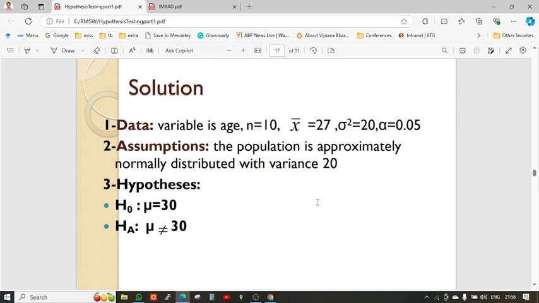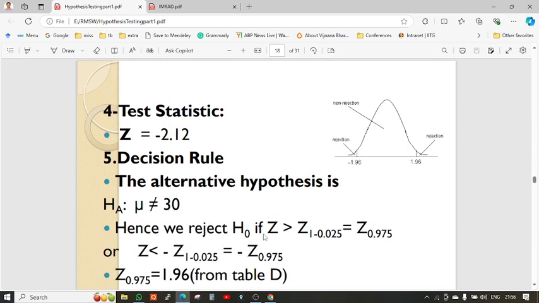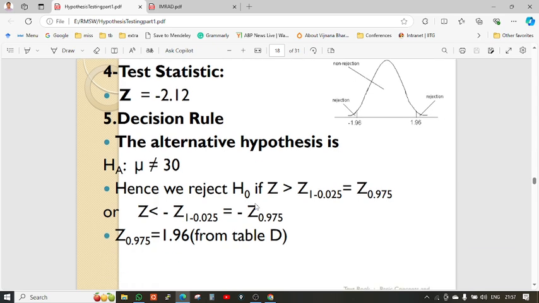So whatever may be the reason, let's see. Use your t-test or t-statistic. Draw a normal curve, and the value of z is minus 2.12. So the decision rule: the alternative hypothesis is mu not equal to 30. Hence we reject the null hypothesis, as the tail area where the value lies is within the rejection region.